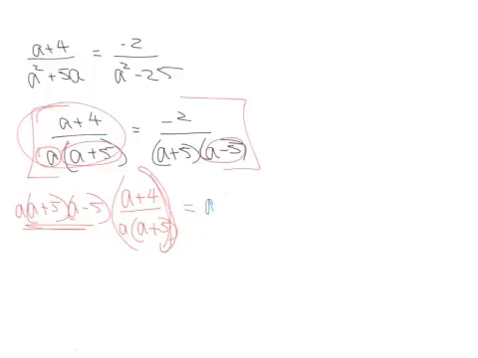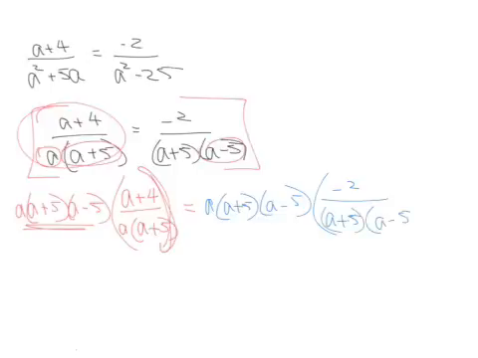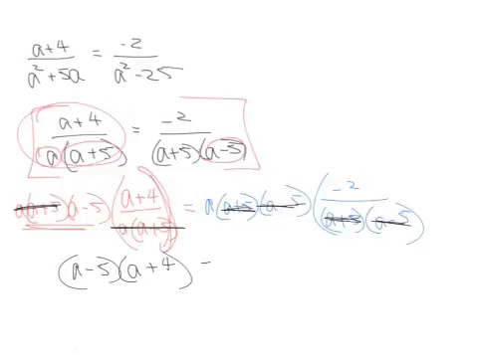So we have a times a plus 5 times a minus 5 times negative 2 over. Okay, let's cancel these two with these two, this one with this one, this one with this one, and I have a minus 5 times a plus 4 equals negative 2a.